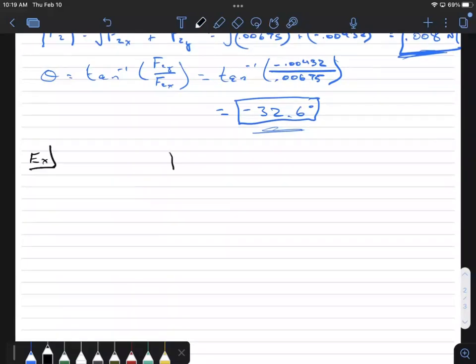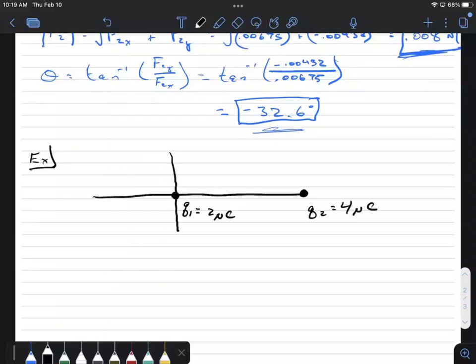Let's say we have a charge, Q1, which is 2 microcoulombs at the origin. And then there's another charge, Q2, which is 4 microcoulombs, and it is placed 10 meters away.